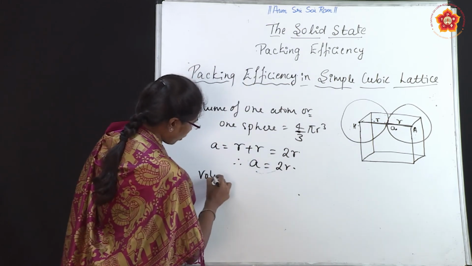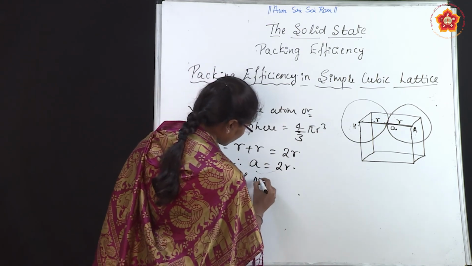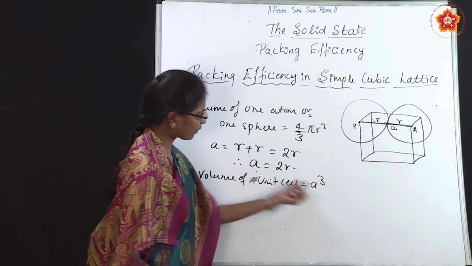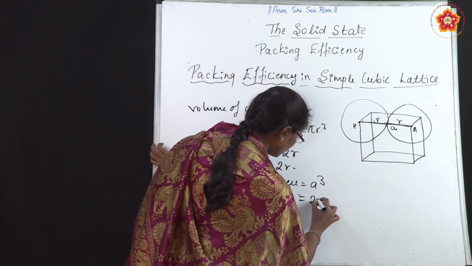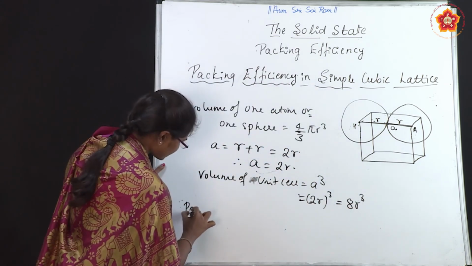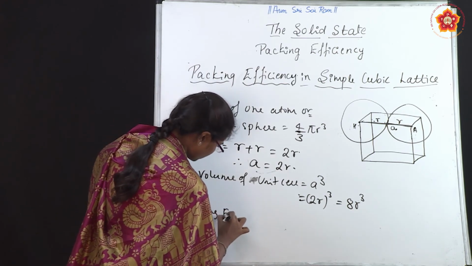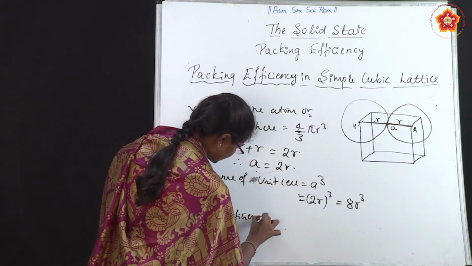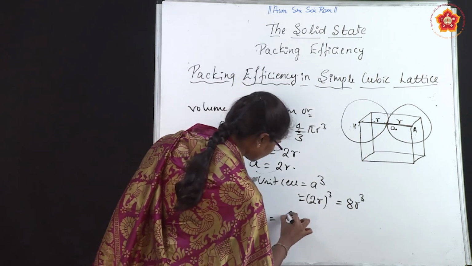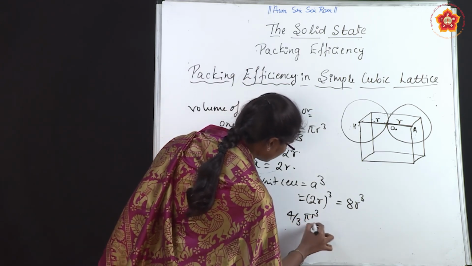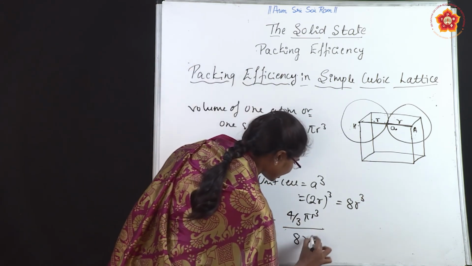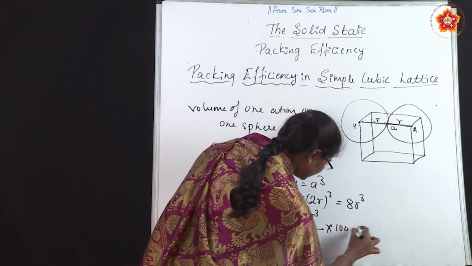So now the volume of the unit cell is equal to a cube. What is the a value here? 2r. So (2r) cube, you will get 8r cube here. Now packing efficiency is equal to the volume of one atom, 4 by 3 pi r cube, divided by the volume of the unit cell, 8r cube, into 100%.